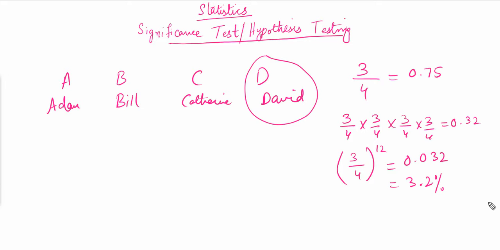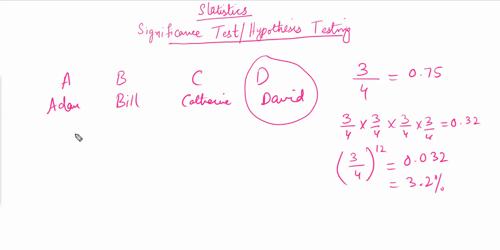So for that purpose we use hypothesis testing. For each hypothesis test we mark a certain criterion, that if the probability falls below a certain percentage, then we will say that our assumption is wrong.